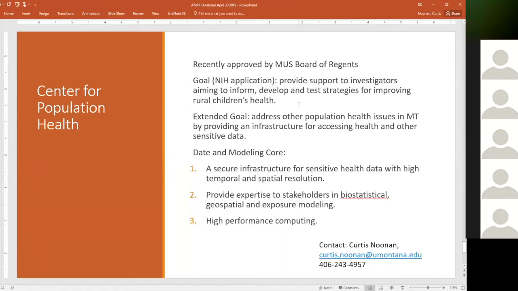And then that same core also provides lots of biostatistical and geospatial and exposure modeling expertise.